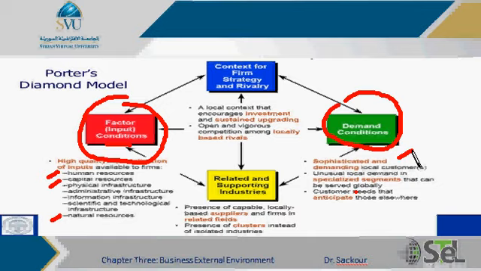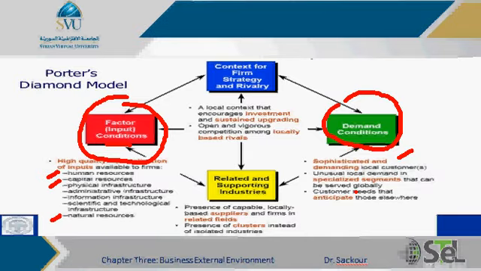More demand on a specific industry makes it more complicated and more sophisticated, and supports and motivates this industry to get promoted and to develop and go ahead more and more with higher competition.